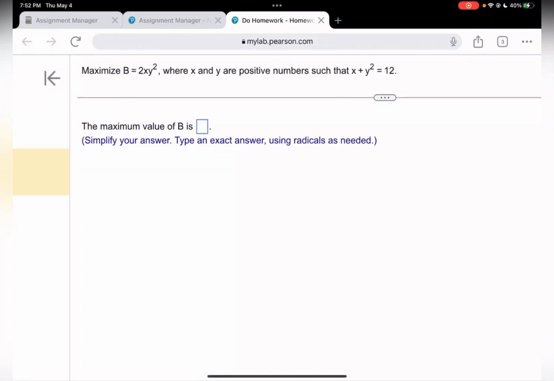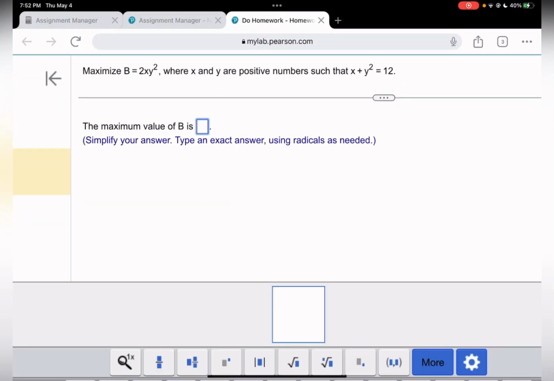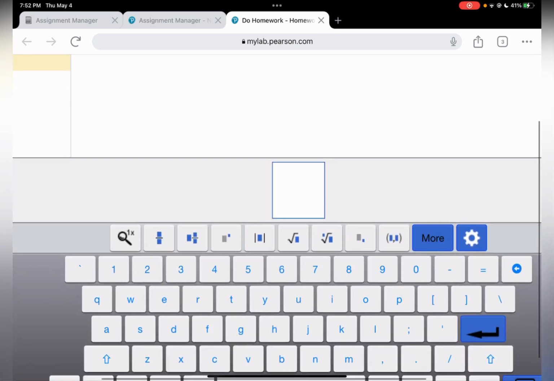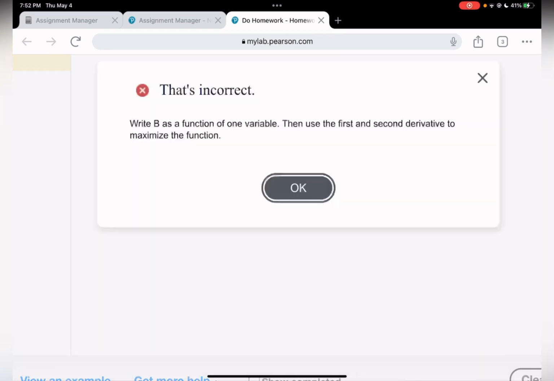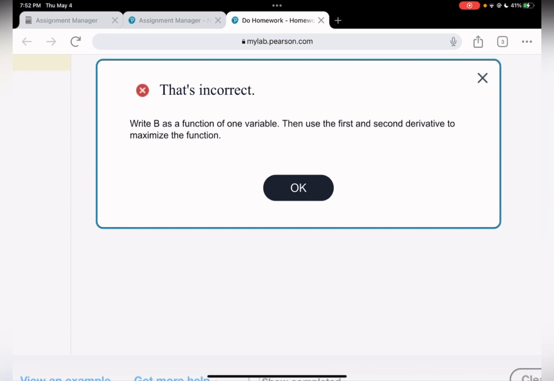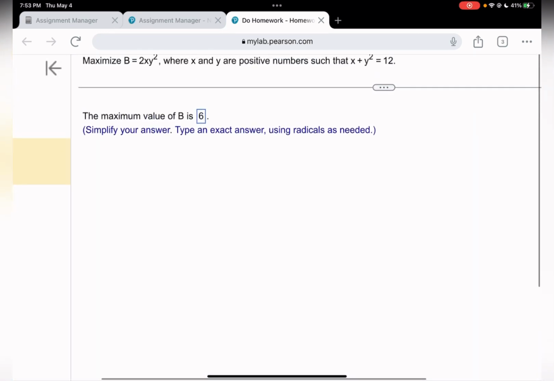Let's plug in the answer. Maximum value of B is 6. What is this? Oh, maximum value of B. Okay, I was plugging in the answer. I thought it was asking for the critical point of the maximum.